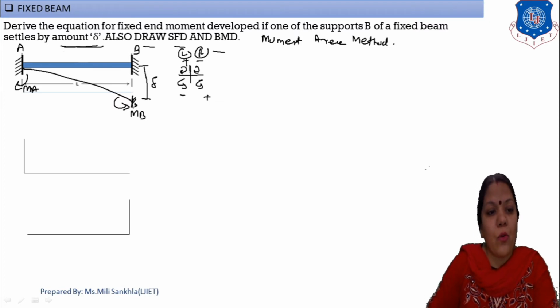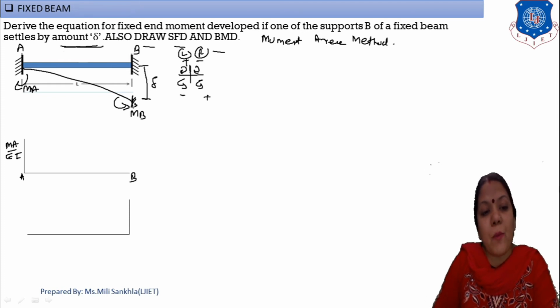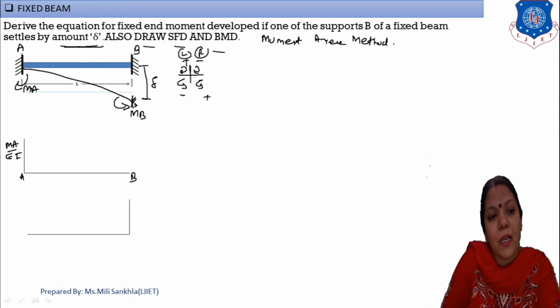Simple. Now join the points. This height is our MA by EI. Okay, this point is A point, this point is B point. Simply connect these, and this diagram is in the form of an incline. Okay, this is simply connected.